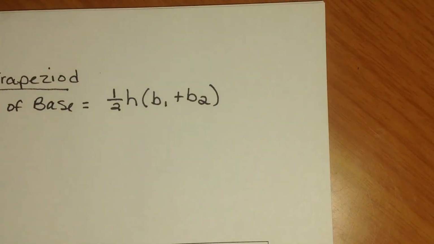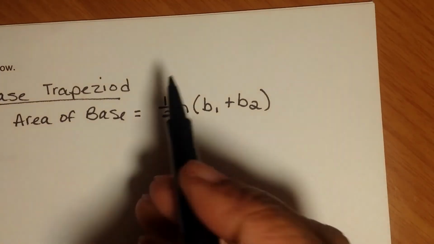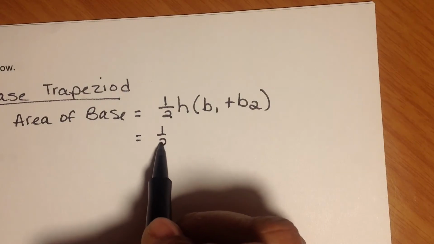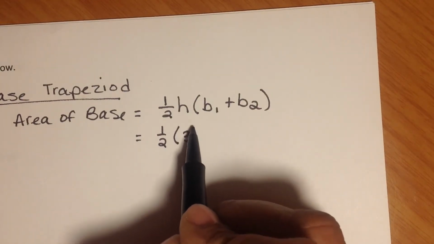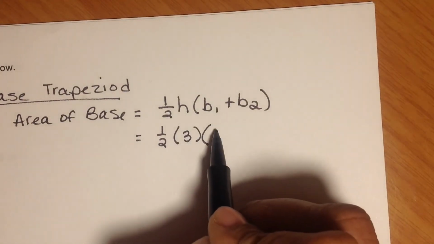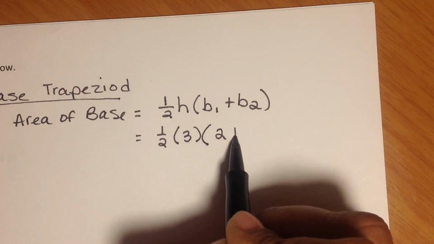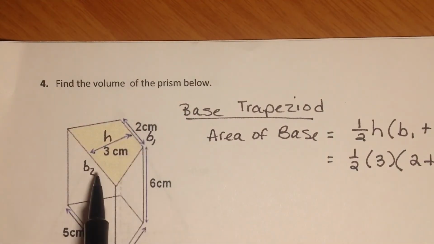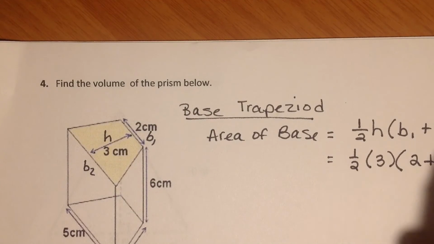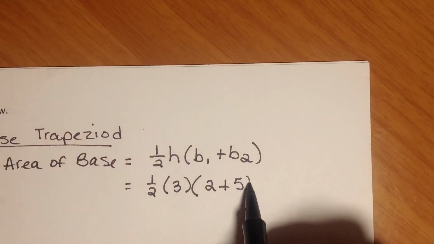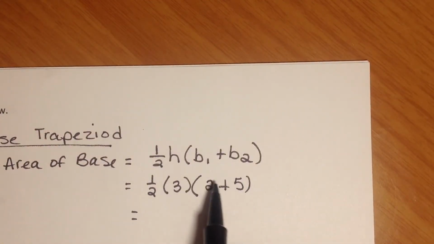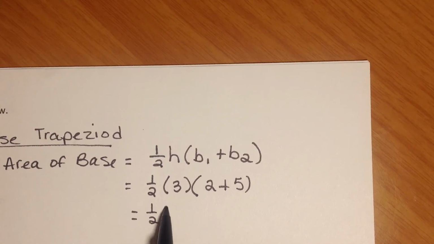So back to my formula. The area is equal to 1/2 the height, which is 3, times base 1, which we said was 2, plus base 2, which is 5. Now, order of operations says do this in parentheses first. So I have 1/2 times 3 times 2 plus 5 is 7.